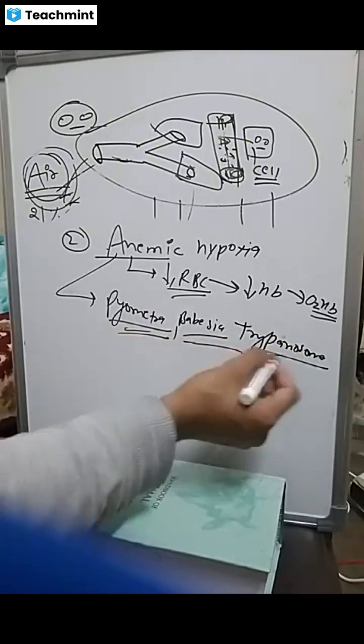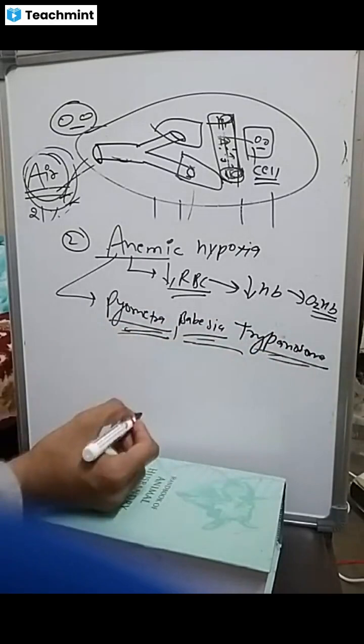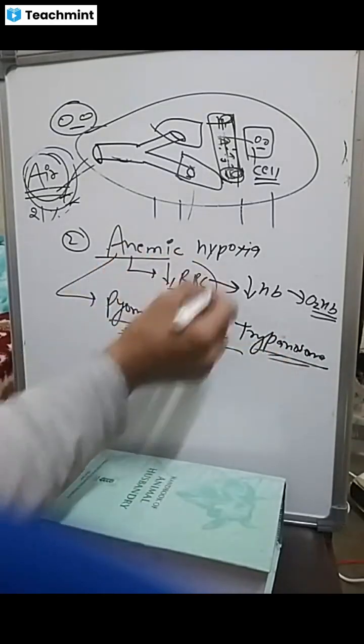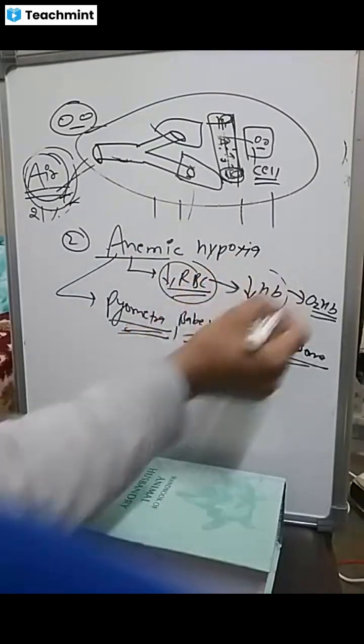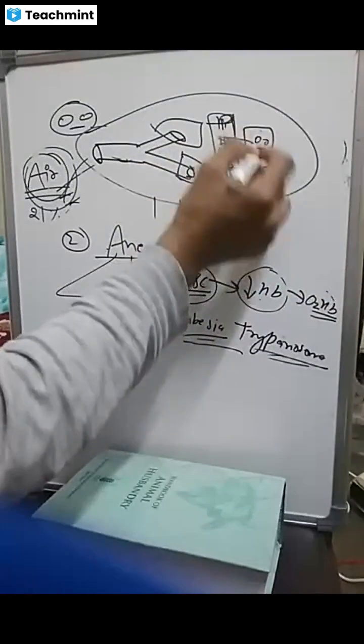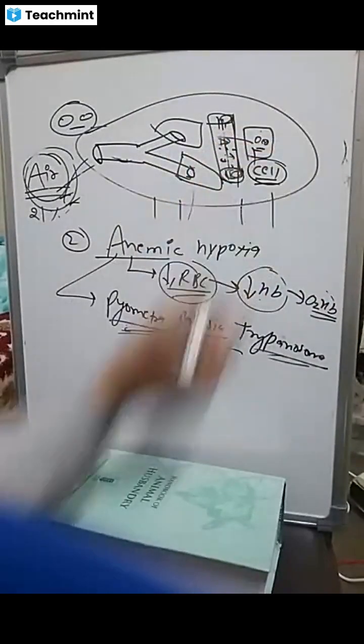So RBC are less in number because of hemolytic anemia. There is less RBC, so less hemoglobin and less oxyhemoglobin, so oxygen reaching the cell will be less.